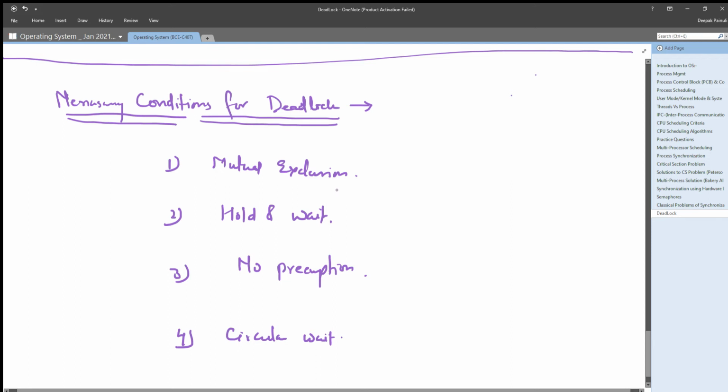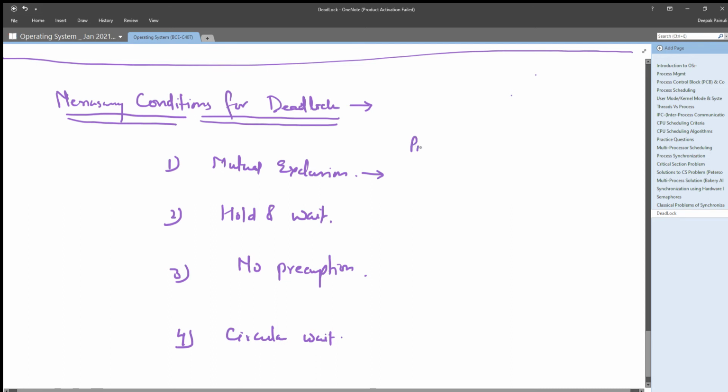If there is mutual exclusion, then there may be a chance that deadlock will happen. It means that only one process can execute its critical section at a single moment of time. That means that particular shared resource is non-shareable. That's why this mutual exclusion condition is happening.